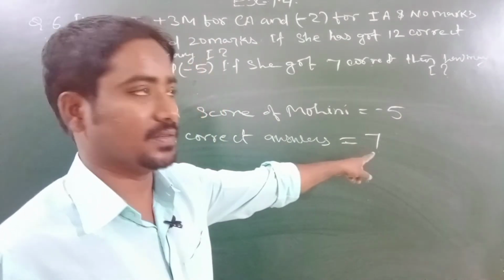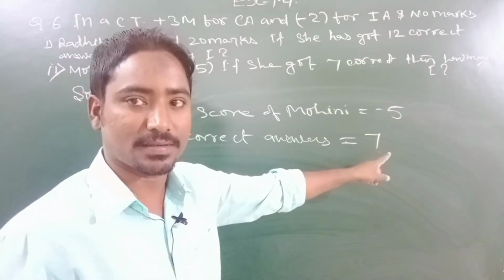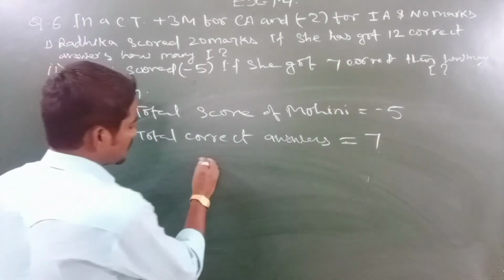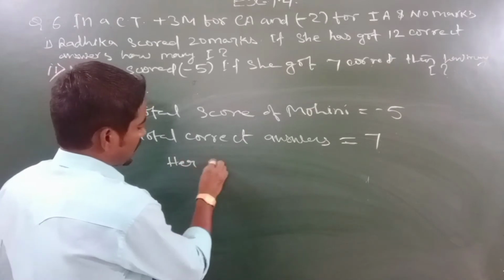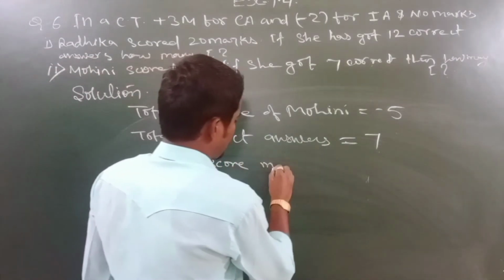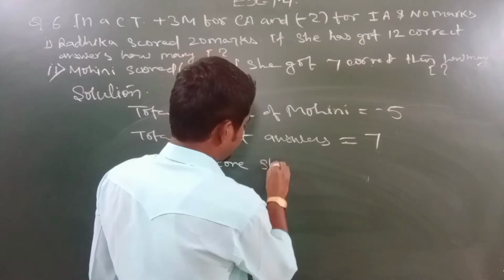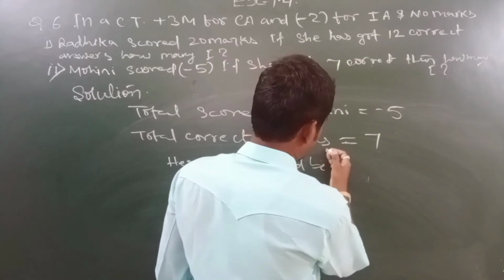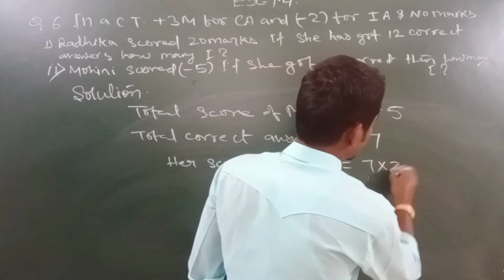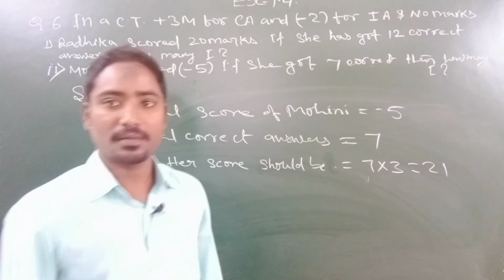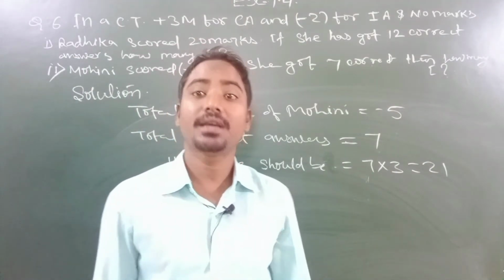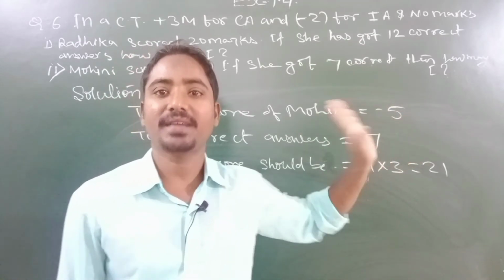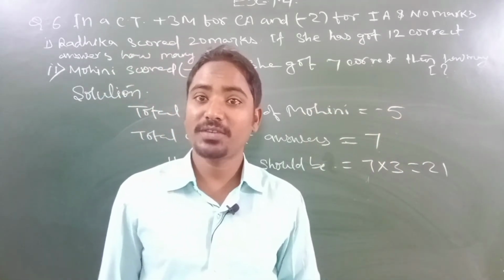So according to these 7 correct answers, how much marks must she get, students? Her score should be 7 into 3, that is 21. Her score should be 21, but her score is -5.